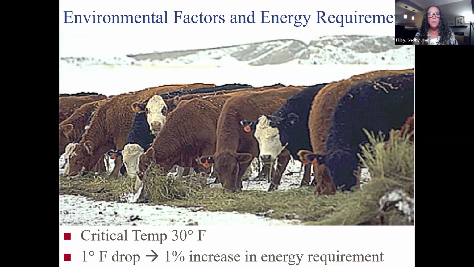Maybe on the west side, we don't get too cold very often, but this critical temperature is with a dry coat. So if the animal has a wet coat and no wind break, they might need some extra energy even above 30 degrees. So make sure they have a wind break and extra feed when it gets wet and cold.